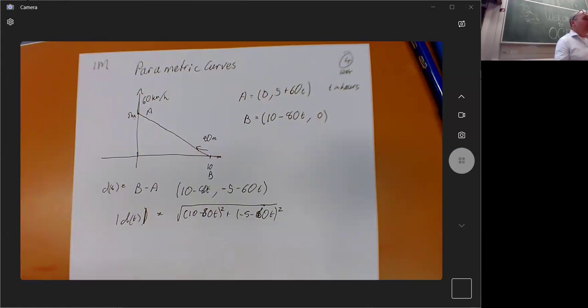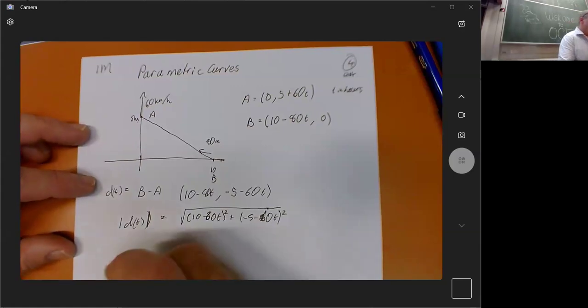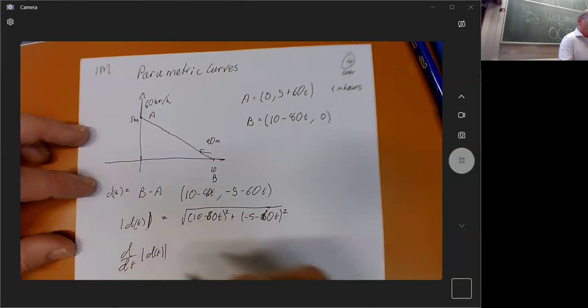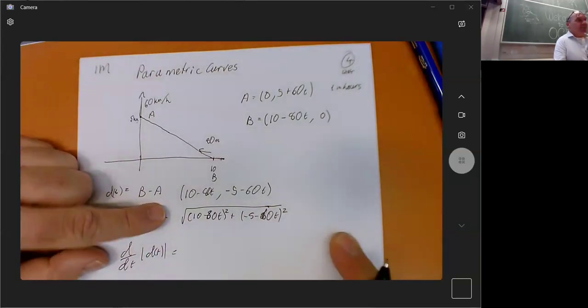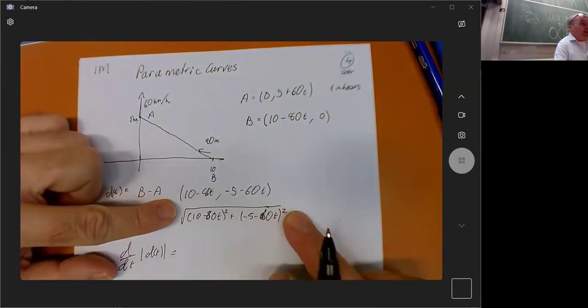I want to find the derivative of this thing. So the derivative with respect to t of the distance is going to be horrible chain rules. This is one function to the power half.